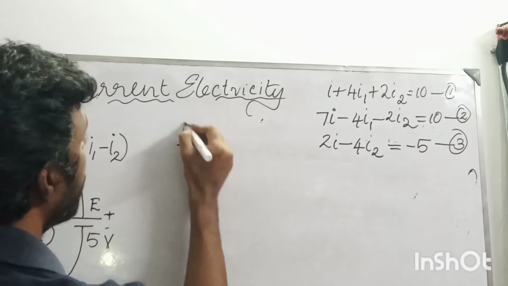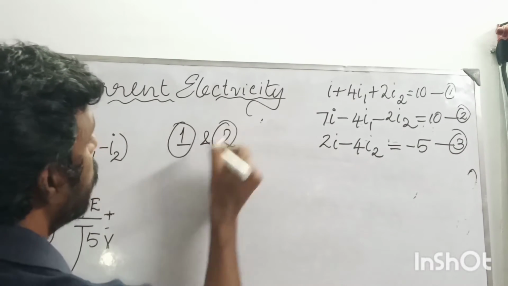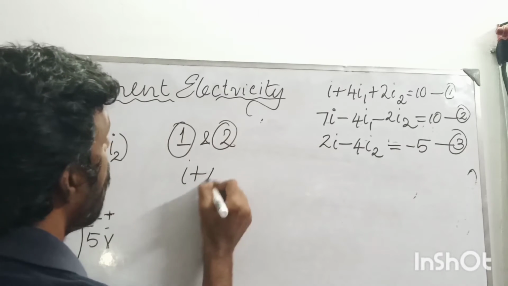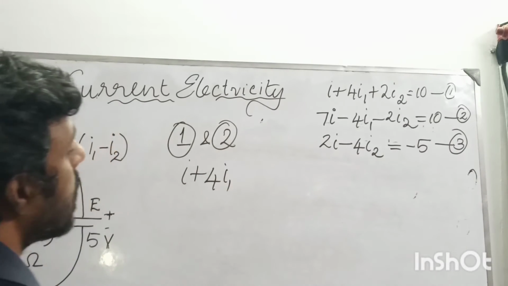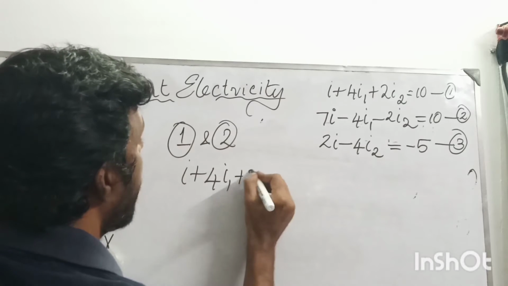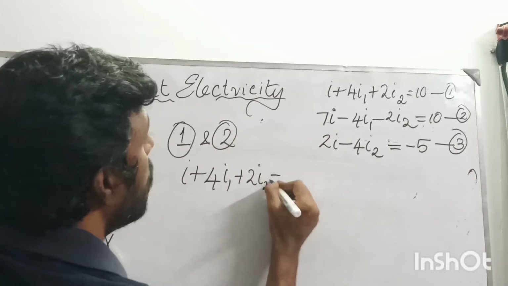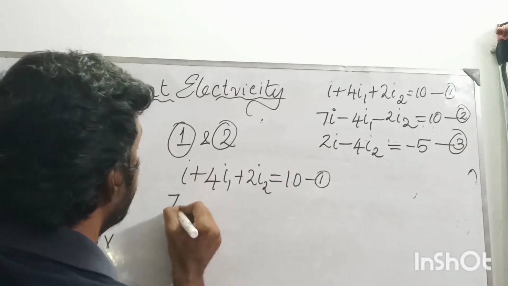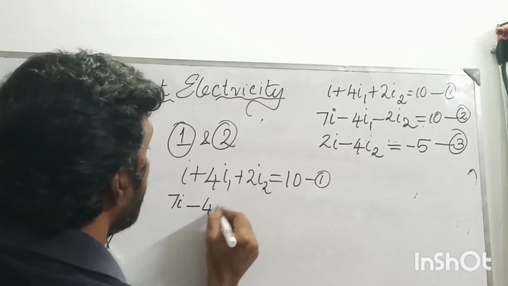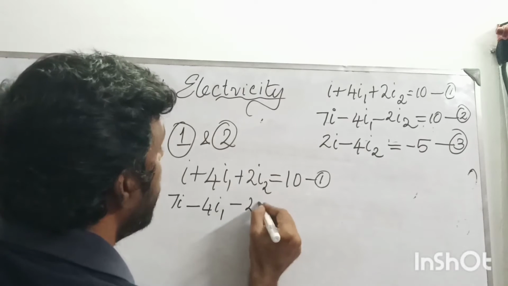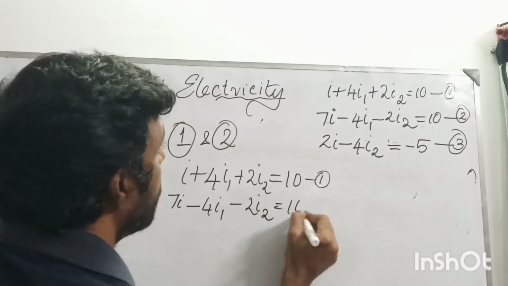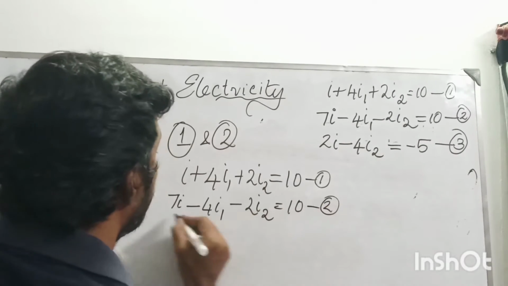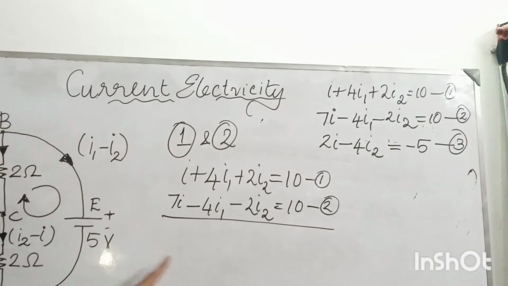Equation 1 is I plus 4I1 plus 2I2 is equal to 10. The second one, equation number 2, is 7I minus 4I1 minus 2I2 is equal to 10.